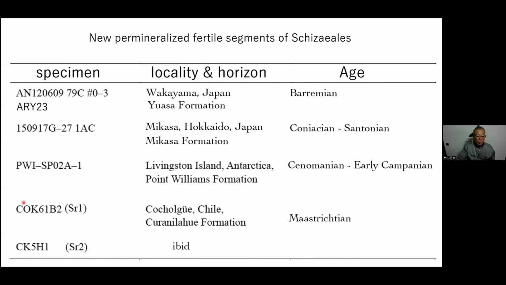And other two specimens are from south middle of Chile, near Concepcion, and the fossil site is named Cocholgue. And here there are Maastrichtian marine sediments, like Hokkaido shallow marine sediments, producing calcite concretions from the Quiriquina Formation. And we found two different specimens, probably each representing a different genus.